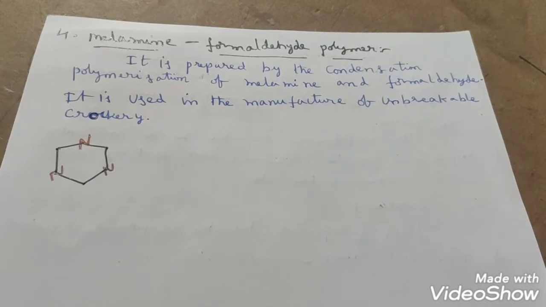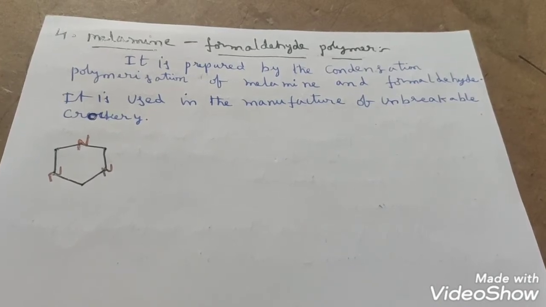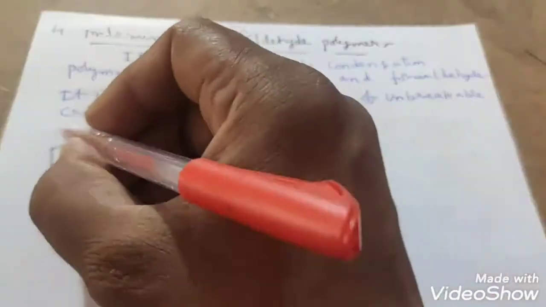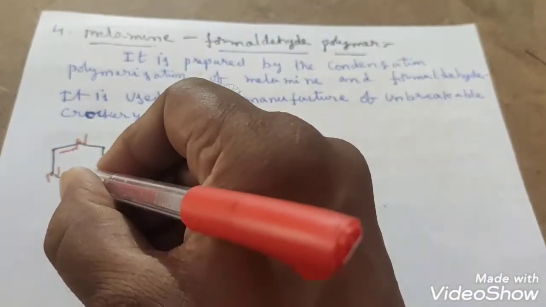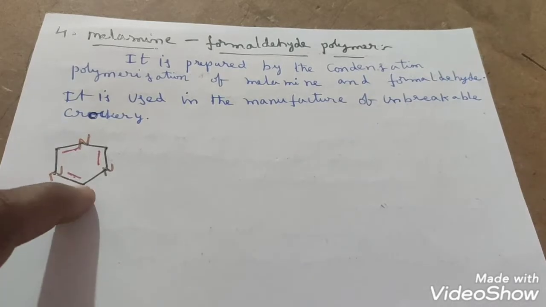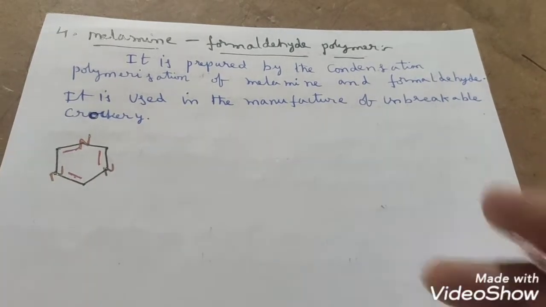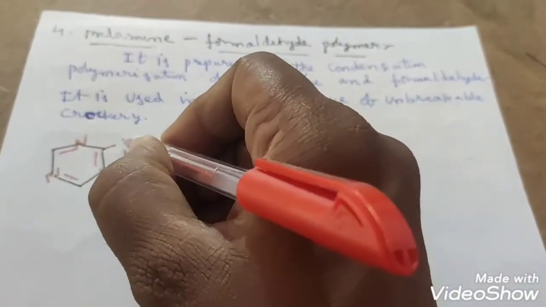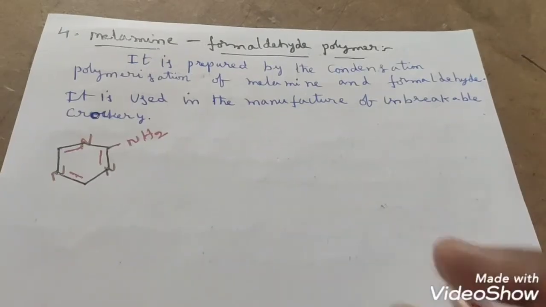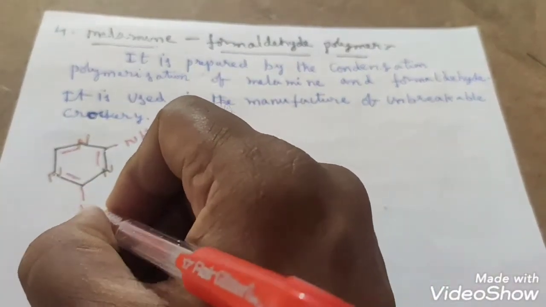If you take alternate nitrogen atoms and alternate double bonds, then see, it becomes like this. Alternate double bonds I have taken, alternate nitrogen atoms, alternate carbon atoms. Wherever the carbon atom is there, at that position NH2 is present. Here also NH2.